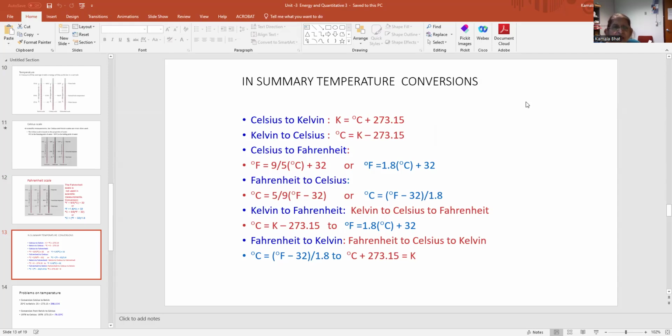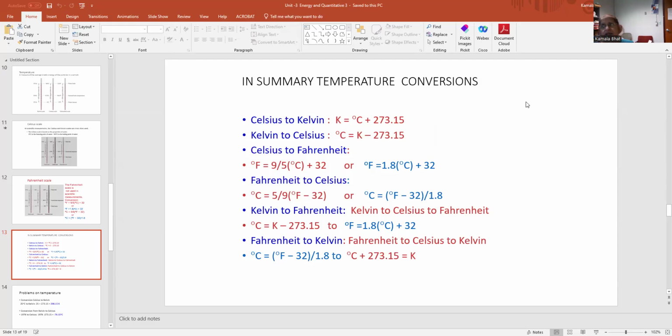And Kelvin to Celsius, just subtract 273.15 from Kelvin. To go from Celsius to Fahrenheit, you multiply the degree Celsius by 1.8 and add 32. To come from Fahrenheit to Celsius, first you subtract 32 from F and divide by 1.8.